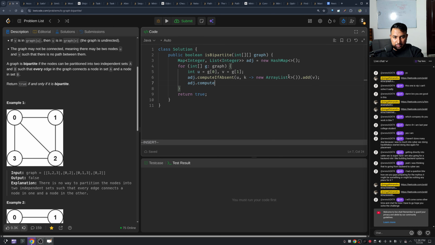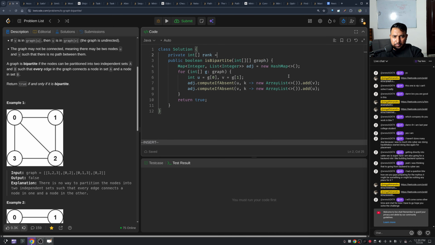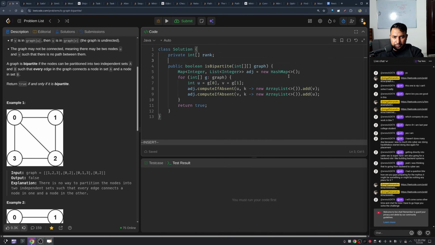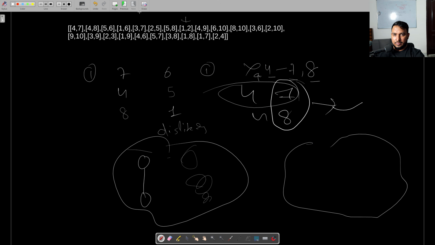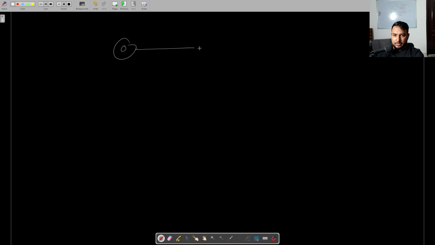I'm writing this boilerplate code, and then I'll tell you the problem. Right, we have the graph now. So we have a graph like this: 0, 1, 2, and 3.